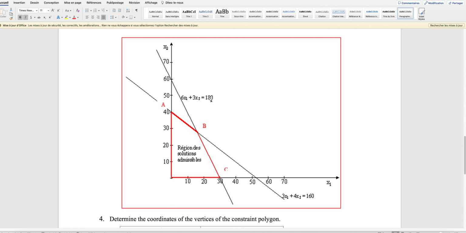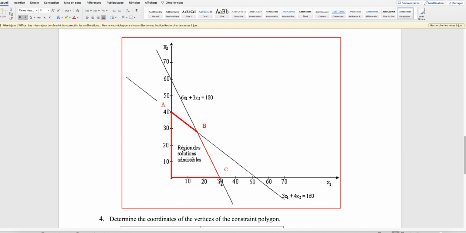So x2 is equal to 180 divided by 3, we obtain 60 there. So we put a third point for the beginning of the second line. Then if x2 is equal to 0, we obtain 6x1 equal to 180, so x1 is equal to 180 divided by 6, we obtain 30. We put the second point of this second line for workshop A2.